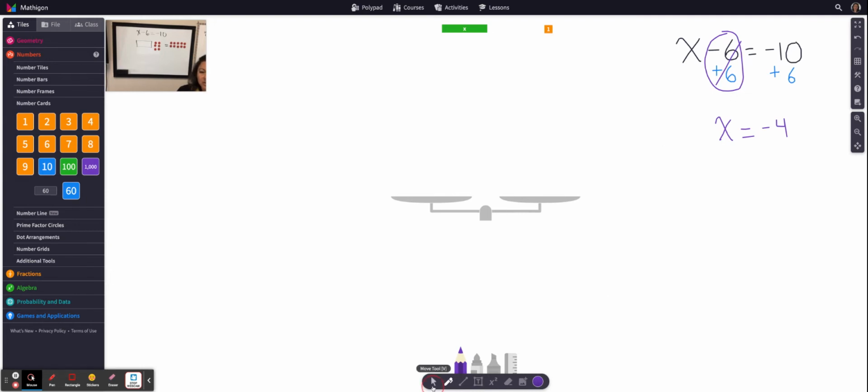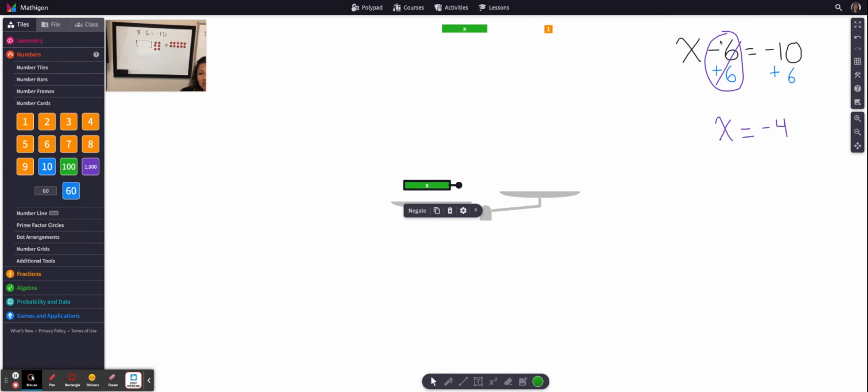Well, what does that look like if I'm trying to use a balance? We know that an equation can be represented using a balance. And in order for my equation to work out, this needs to be balanced, right? So to show what's in this equation, I need an x, and that's going to go on that side.